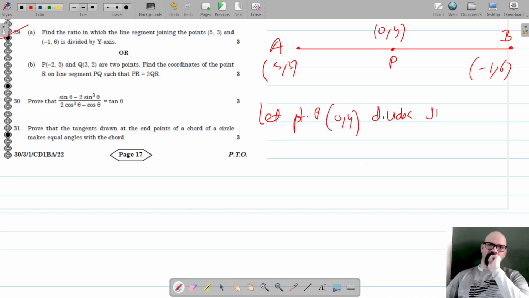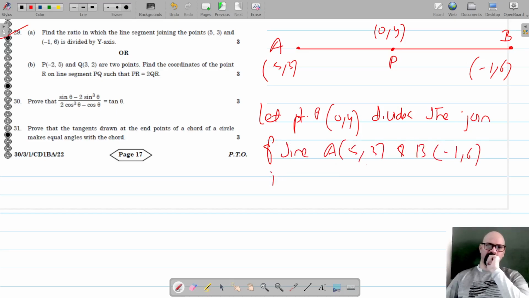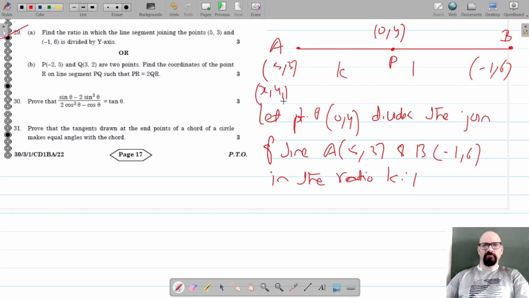It divides the join of A 5 comma 3 and B minus 1 comma 6 in the ratio k is to 1. These coordinates are x1 y1 and these are x2 y2.